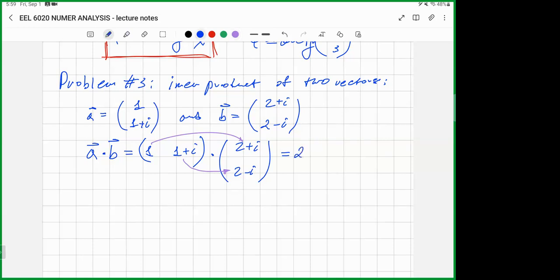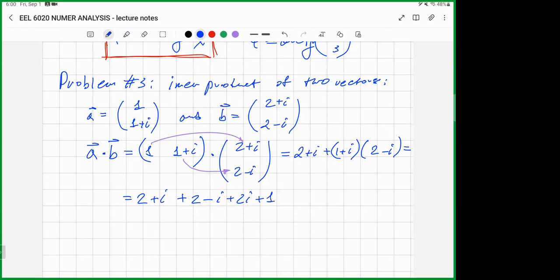So what do I get? 2 plus i for the first one, times 1, plus 1 plus i times 2 minus i. What would I get? 2 plus i, plus 1 times 2 gives me 2, then minus i, then plus 2i, and then plus i times minus i gives me minus i squared, which is plus 1.